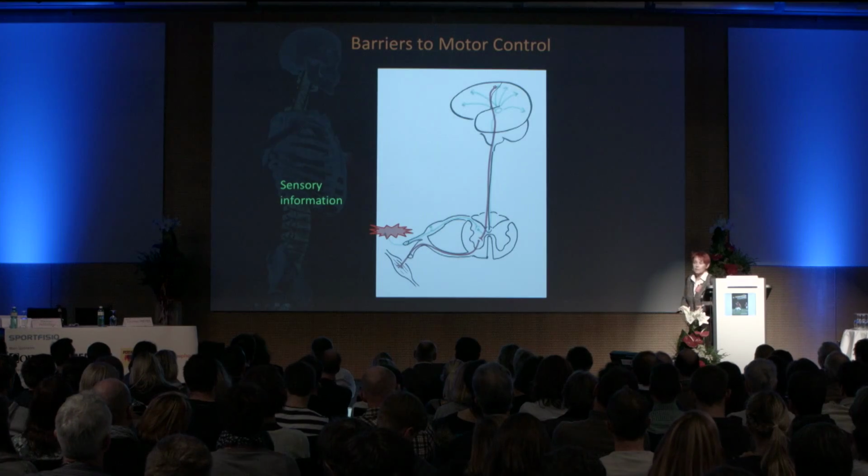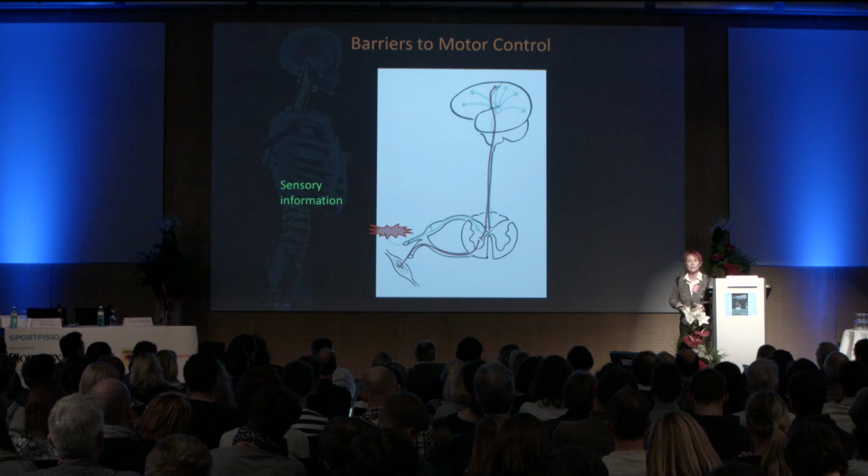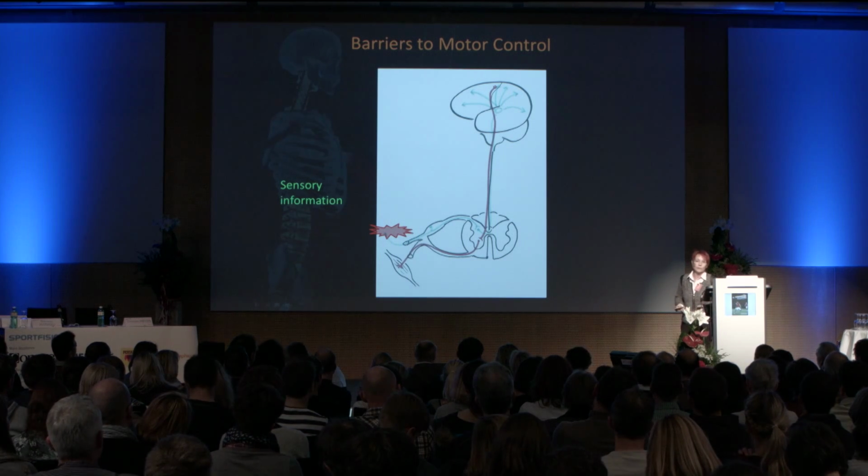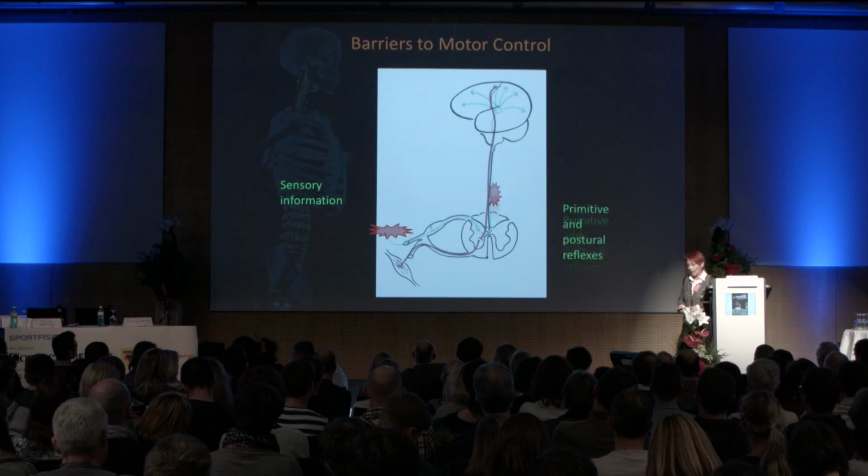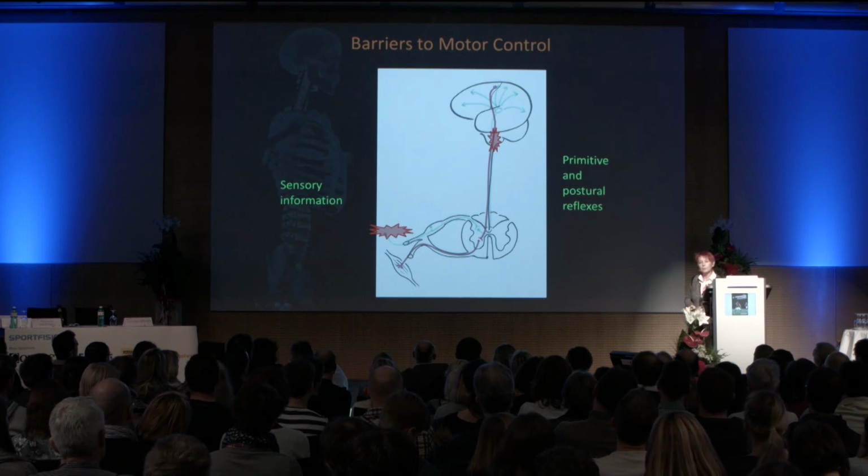So one of them can be the sensory information. The sensory information isn't coming in clearly or isn't coming in at all. Or we can have primitive reflexes being present. Or we can have postural reflexes not being present when they should be. Or we can have spinal reflexes changing the loop and the tone in the periphery.